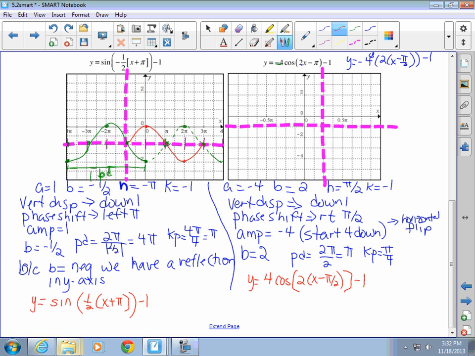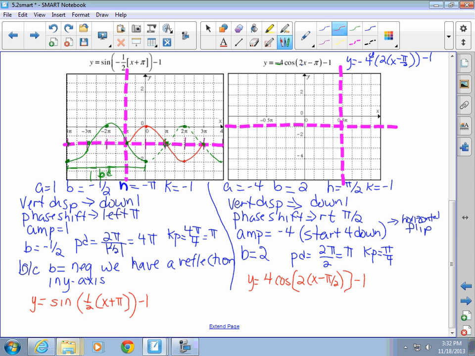So first I'm going to put my key points in. Sorry, I forgot about that. So every pi over 4, I have a key point. Did I not go over far enough for my phase shift? Yeah, sorry. This line here needed to be over at pi over 2. I did it at pi over 4. Okay, there, now that makes more sense.